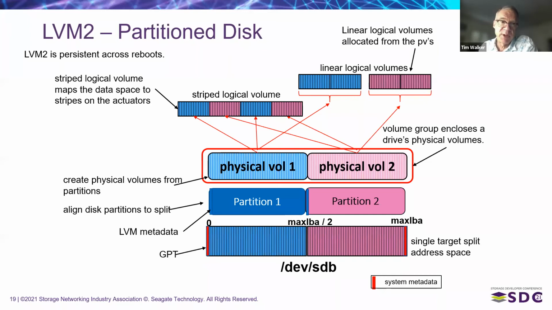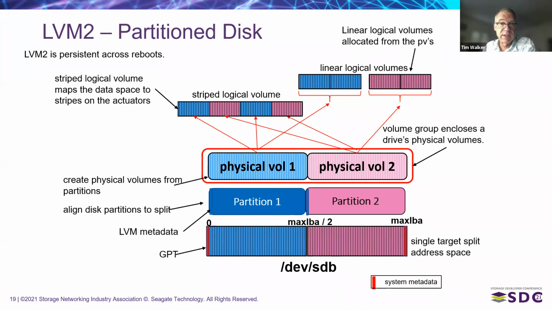So we can do them striped, and stripe it across two actuators. We can bust the actuators out independently in linear volumes, whatever. It's an extremely flexible system that can do whatever we need to do, including combine more of these multi-actuator drives into a single or multiple volumes.